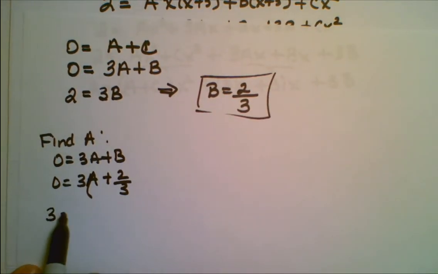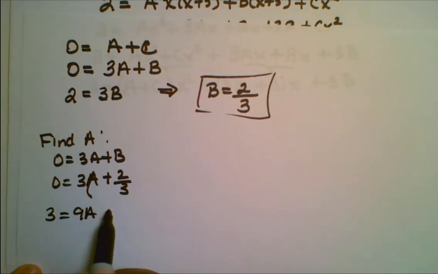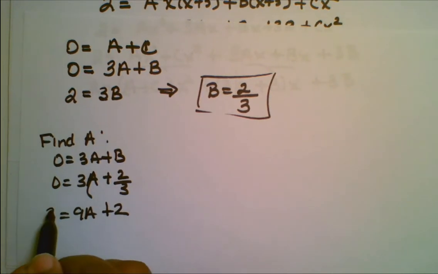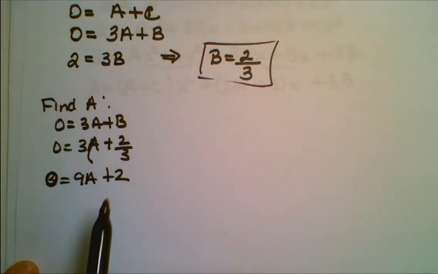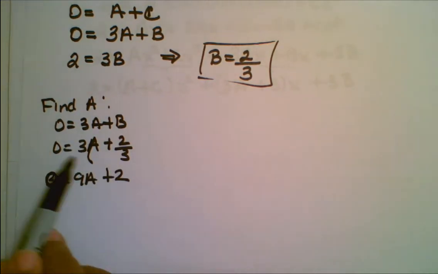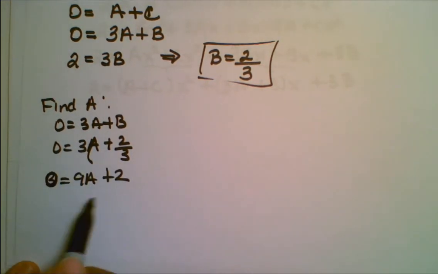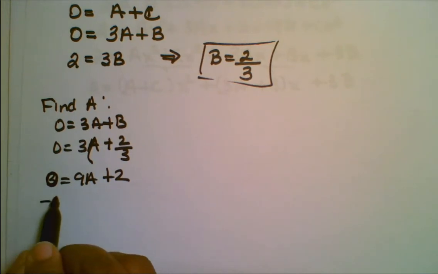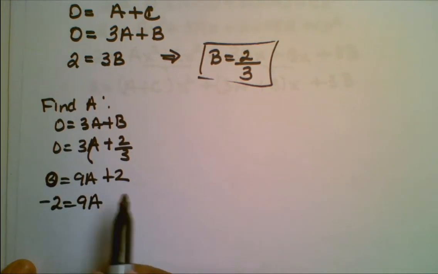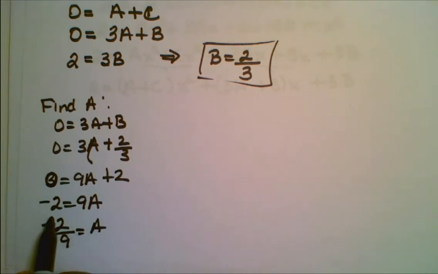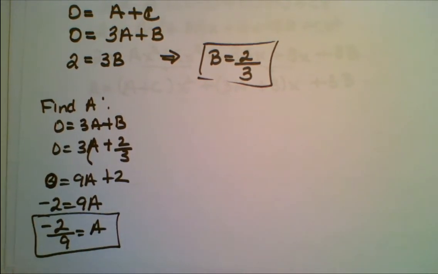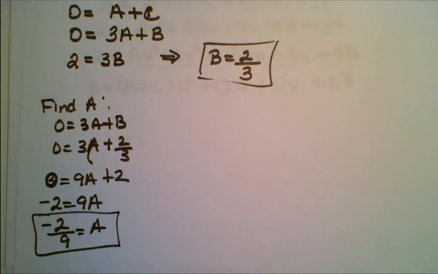We have 0 is equal to 9a plus 2. If you saw a mistake on the screen, it should be 0 there because we multiply both sides by 3. Subtract 2 from both sides. We have negative 2 is equal to 9a. And then divide by 9. We have as a solution negative 2 over 9.